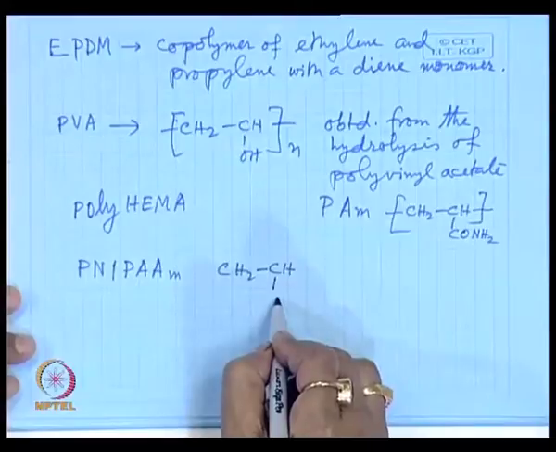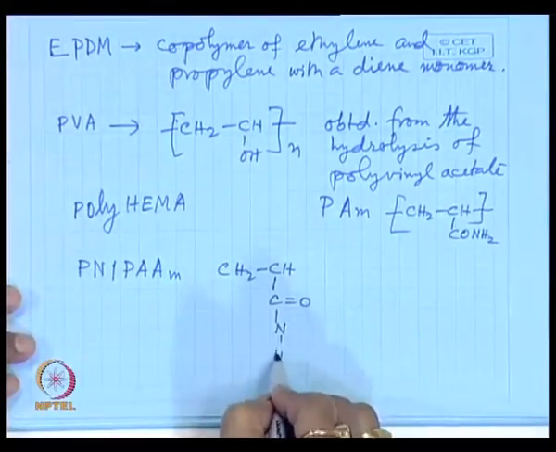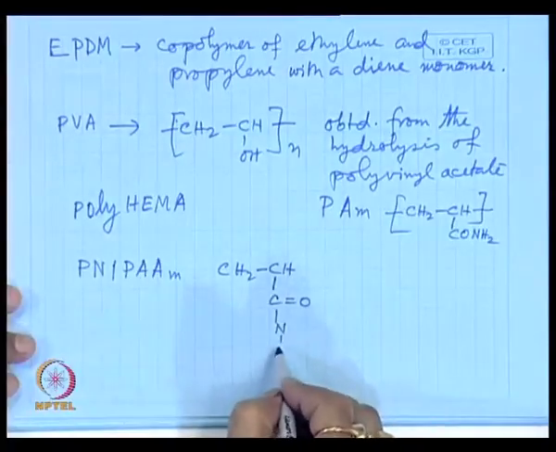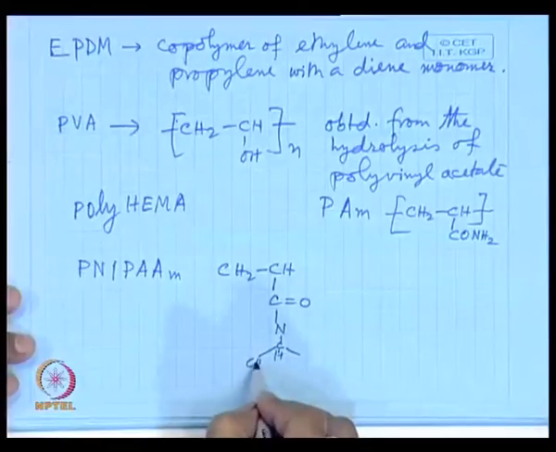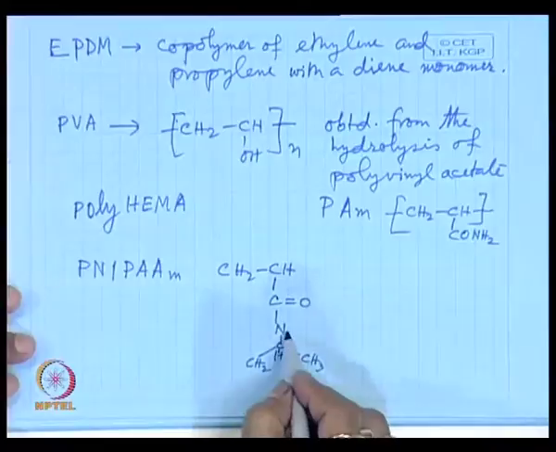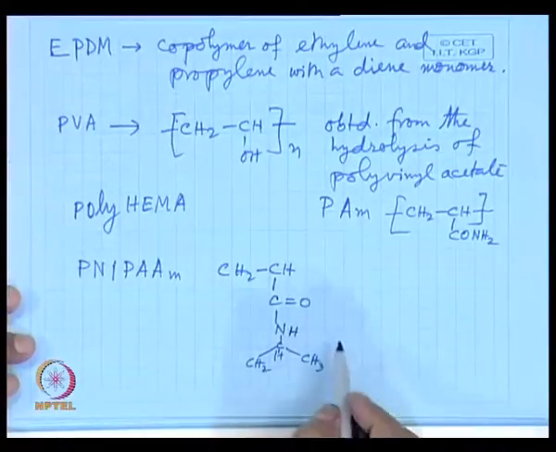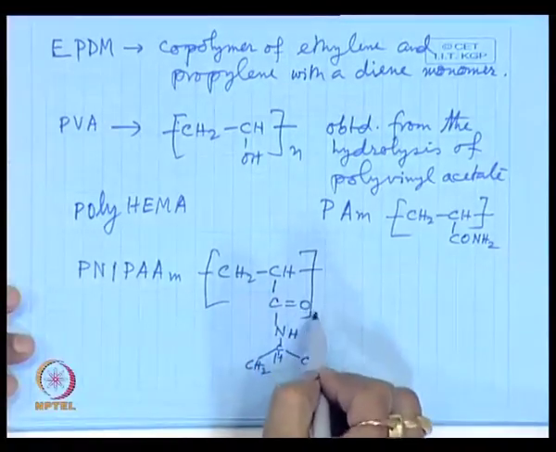N isopropyl means, to this give one isopropyl group, one H remains. So, this is actually poly N isopropyl acrylamide.